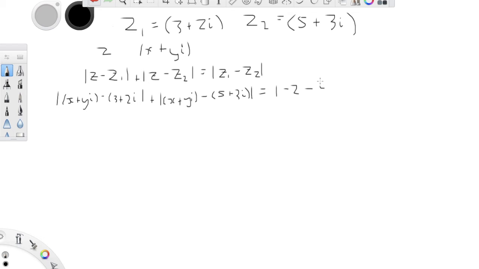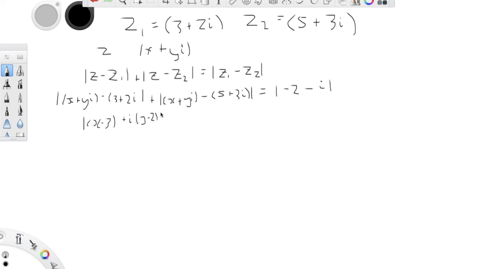Negative 2 minus i. Now what we can do here is group all like terms. So in this one we'll have x minus 3, plus i outside of y minus 2.